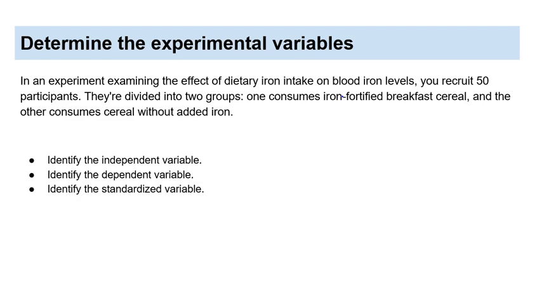They are divided into two groups. One consumes iron-fortified breakfast cereal, and the other consumes cereal without added iron. And now you should be able to find the independent variable, dependent variable, and standardized variable.